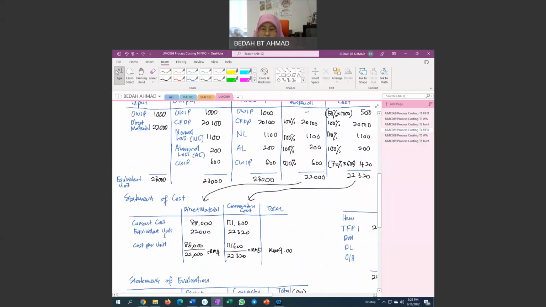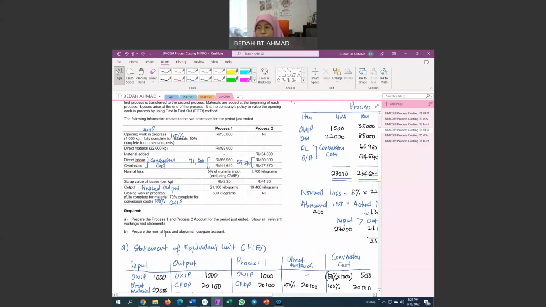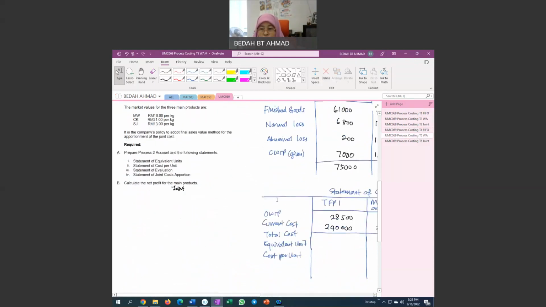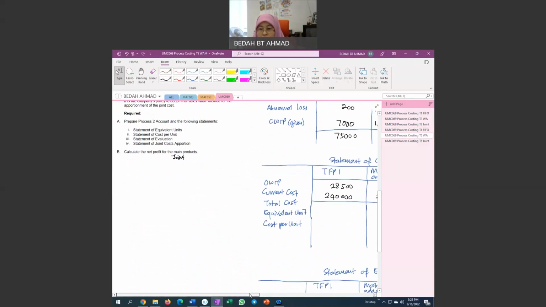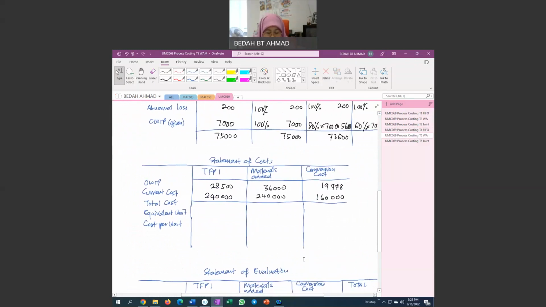This is because we assume that whatever is in the opening work in progress has already been produced in the next process, so it's already completed. But unlike the weighted average method, we need to segregate or separate the opening work in progress value from the current cost. So the total cost here is 268,500. So this one is 276,000.